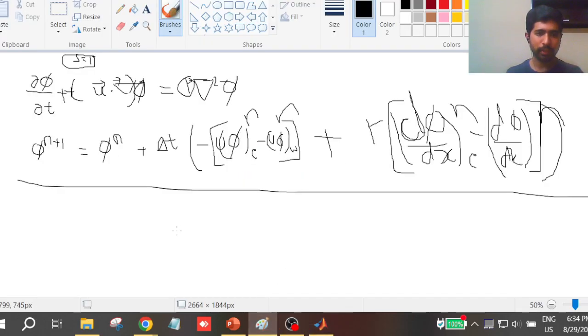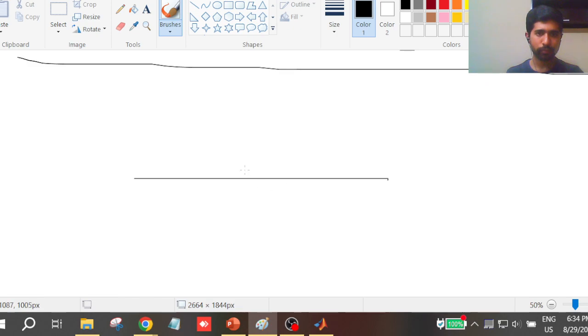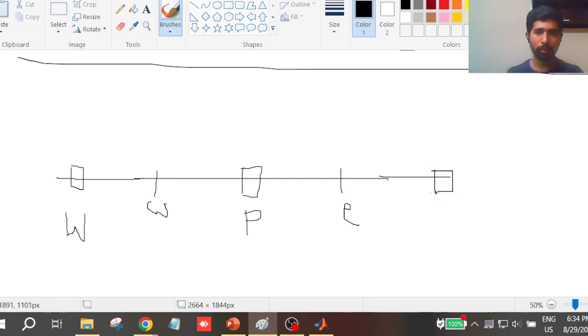Let me try to explain that. This is our centroid of the control volume. This is the west face, this is the east face. This grid point will be capital W and this will be your capital E. I am trying to calculate phi at E. Now phi at E according to the FOU scheme will be phi at the upstream point.